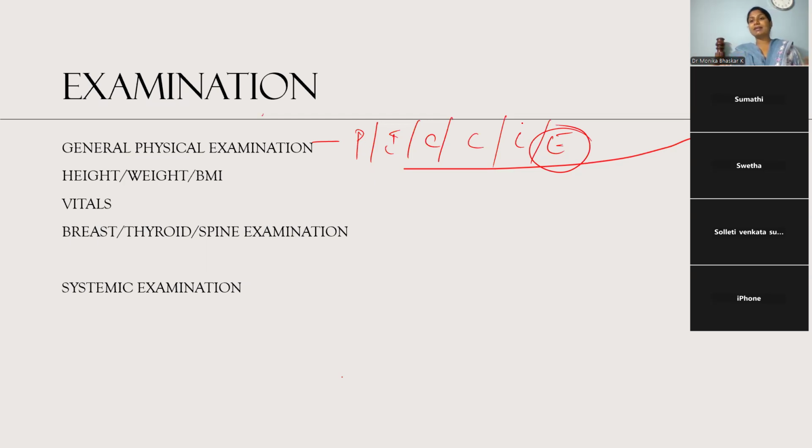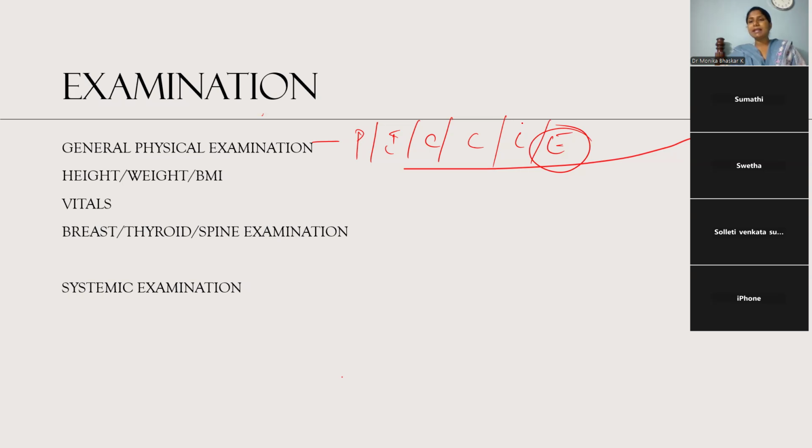It is usually bilateral and is associated with complications like preeclampsia, anemia, cardiac disorders, or kidney disorders like nephrotic syndrome. So that is how you differentiate between physiological edema and pathological edema. Again, here you have to know the different grades of edema. Up to the ankle, grade 1; up to the knee, grade 2; above the knee, grade 3. If there is generalized edema or anasarca, it is grade 4.